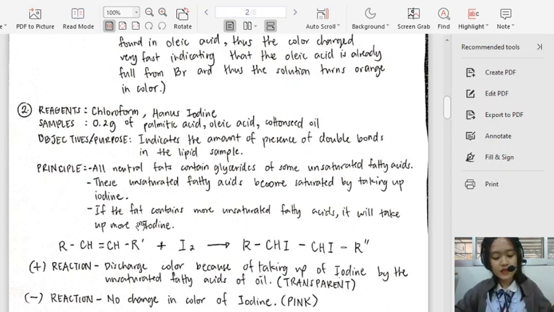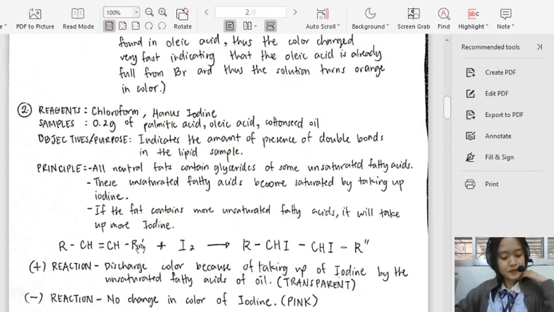You will add 2 ml of chloroform for each test tube, and then for each test tube, you will be placing 4 drops of 0.2 grams of palmitic acid, oleic acid, and cottonseed oil. Okay, so shake each tube thoroughly to dissolve the content. So by drop, kapag nag-drop ka class or naglagay ka ng inyong samples, kailangan ng shaking.